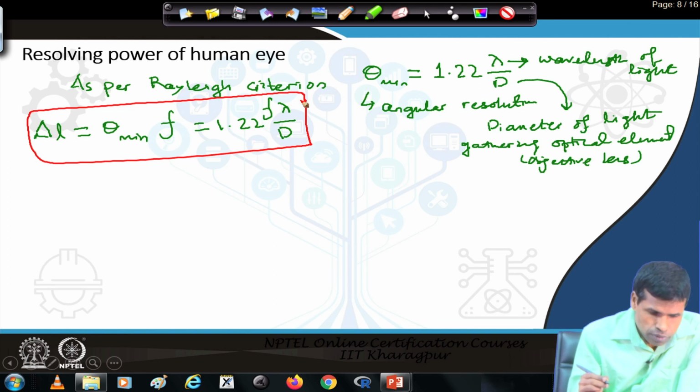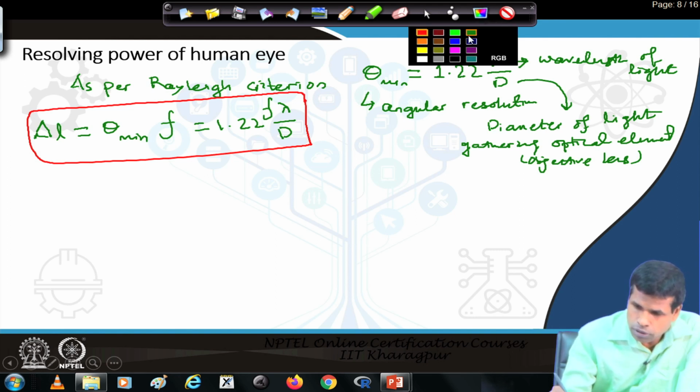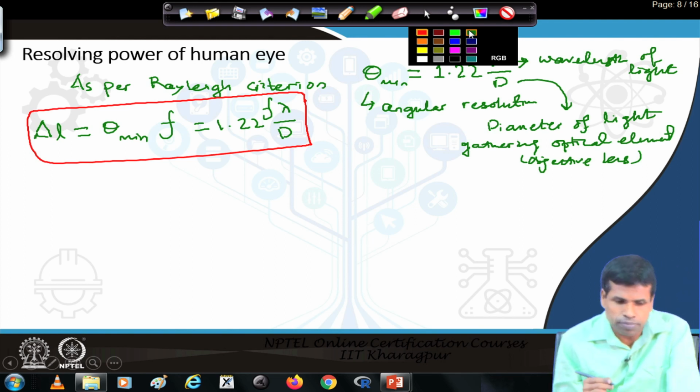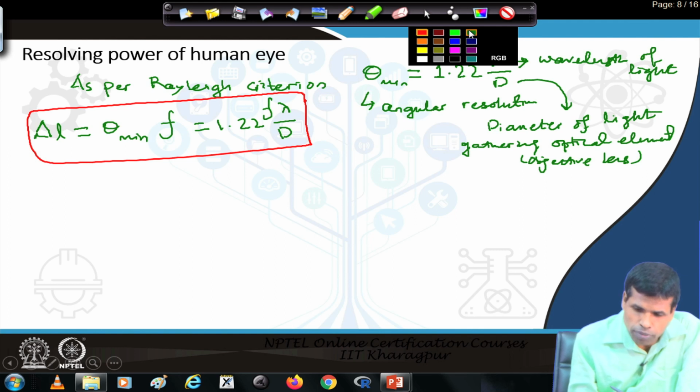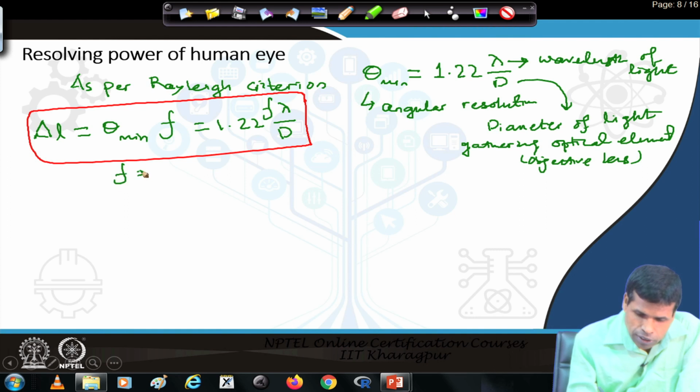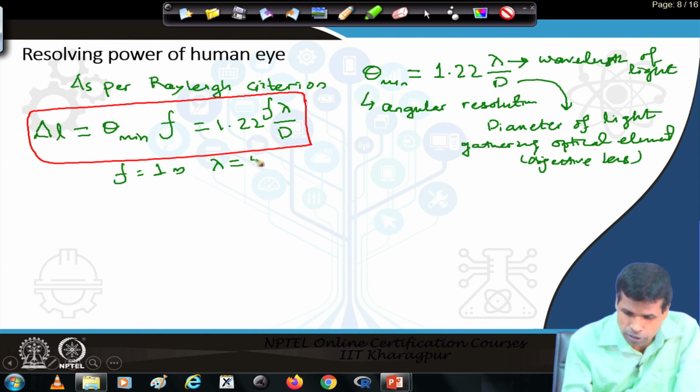Now, let us say our eye is placed 1 meter away from an object, so f is 1 meter, and lambda is, let us say, green light, 500 nanometer, and d is the detector, that is our eye. Let us say the diameter of the pupil in our eye is 4 millimeter.